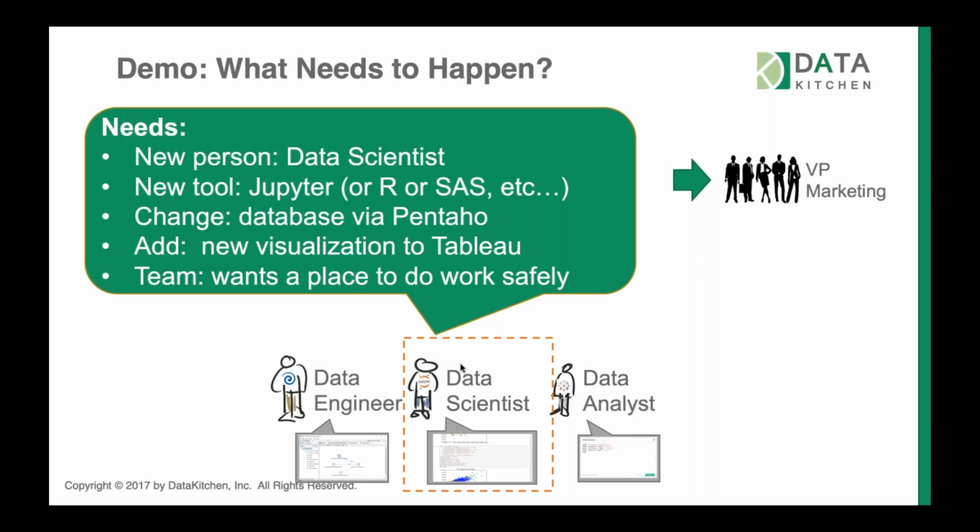They're going to use a new tool. In this case, it's a Jupyter Notebook. Again, we're not precious about which tool they use. It could be R, it could be SAS, it could be Python. It's going to require a change to a database, a new visualization in Tableau, some changes over here, and the team needs a place to do its work safely.